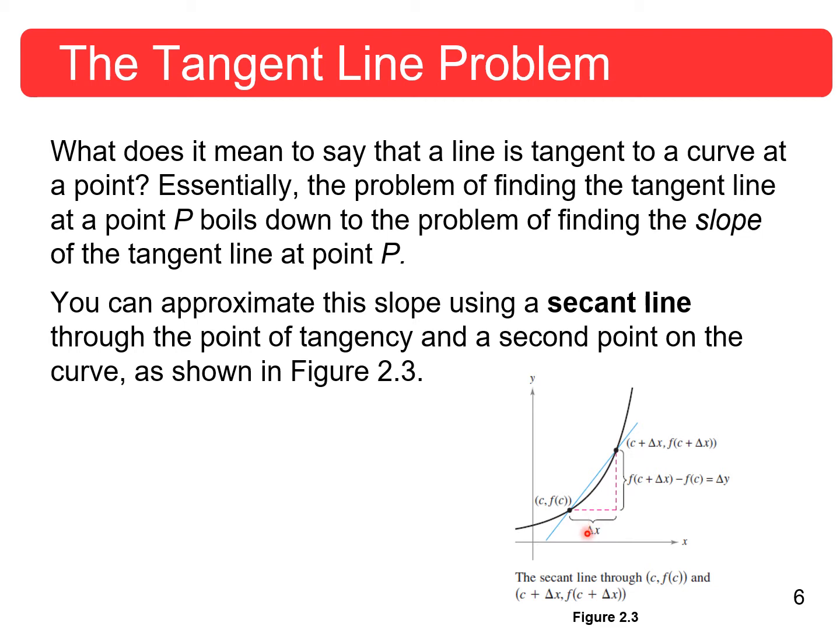This delta x here is a small distance from this point, so the second point is the point (c plus delta x, f of c plus delta x). So this is the secant line that we're going to use to approximate the tangent line at the point P, where x equals c.